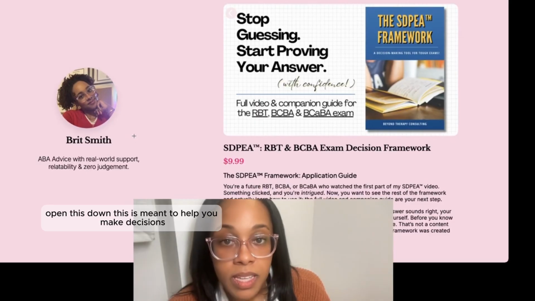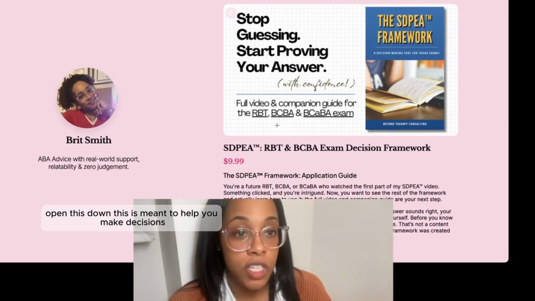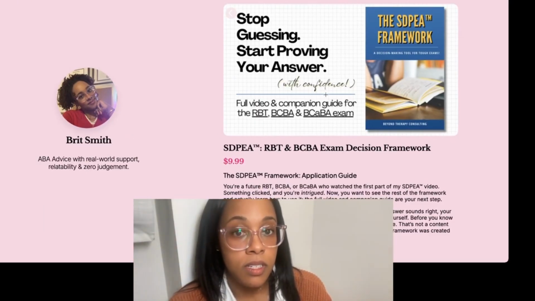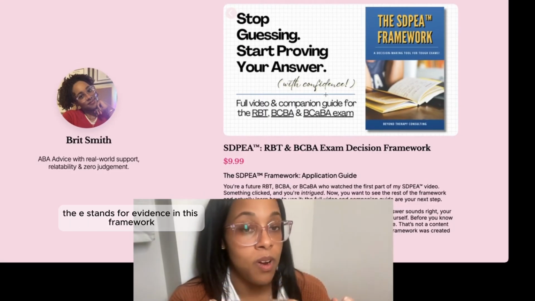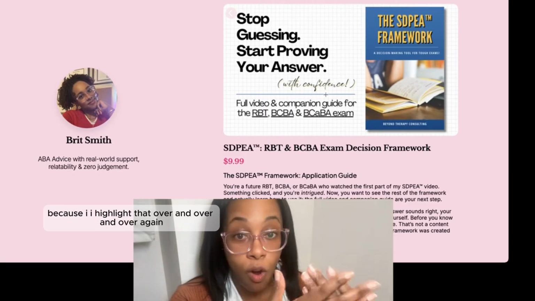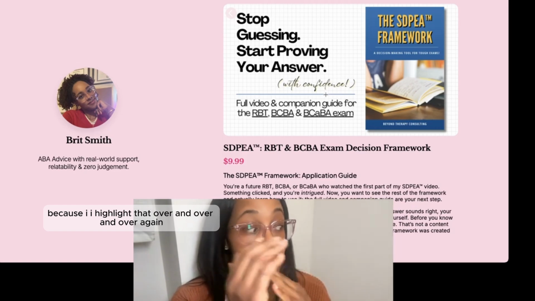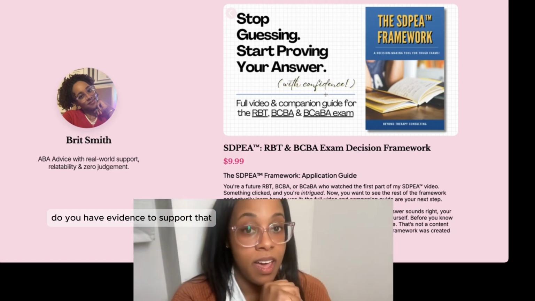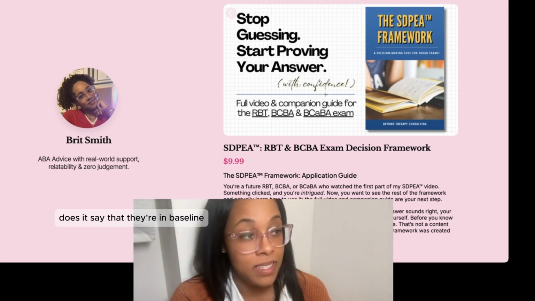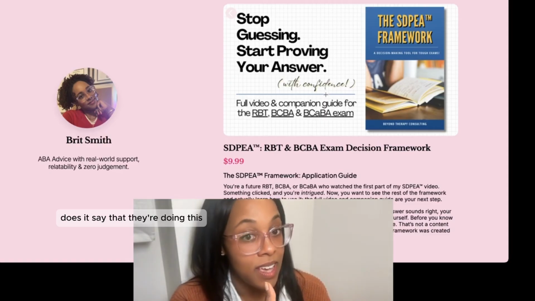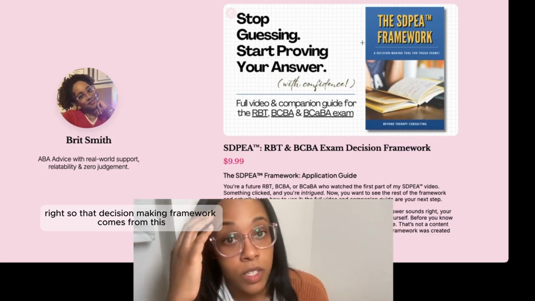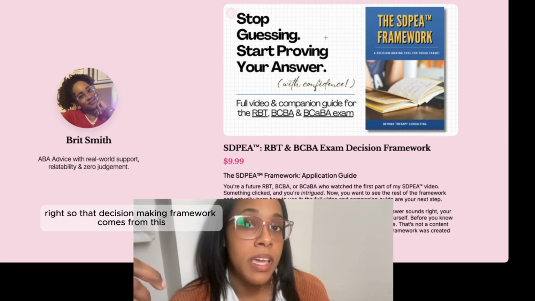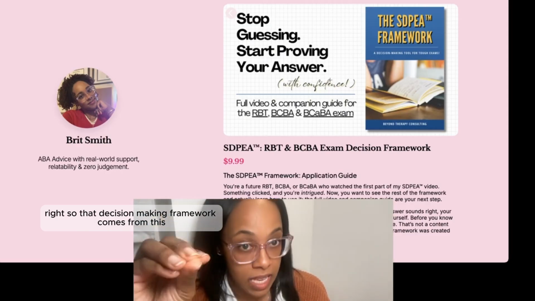You'll see the E stands for evidence in this framework, because I highlight that over and over and over again. Do you have evidence to support that? Does it say that they're in baseline? Does it say that they're doing this? If it doesn't, you need to look at it again, right? So that decision-making framework comes from this.